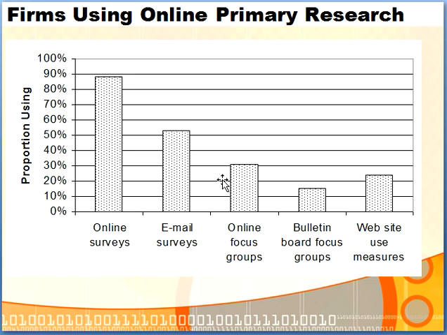Online focus groups is another one, again depending on the product. Bulletin board focus groups, and then the website use measures are also part of the primary research. Some of the internet-based approaches include customer satisfaction, creative tests, product development, for example, or reputation management.